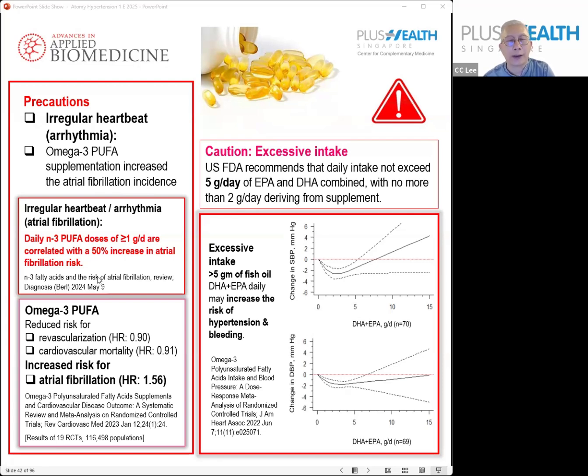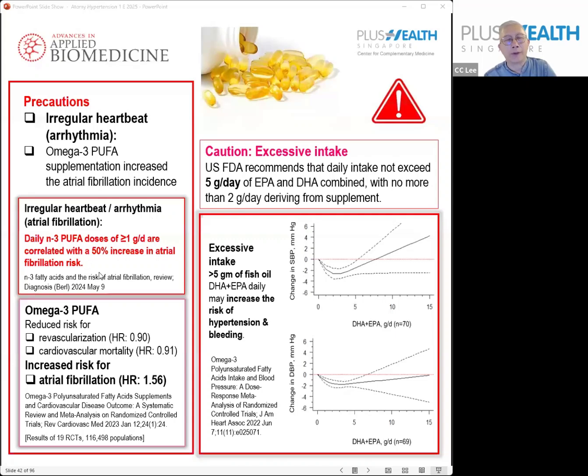There is enough study to show that taking omega-3 fish oil increases the risk of atrial fibrillation, which is an irregular heartbeat itself, right? So do not take it if you are suffering from irregular heartbeat.